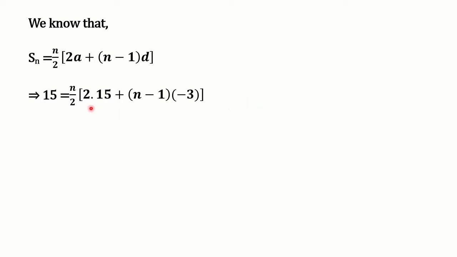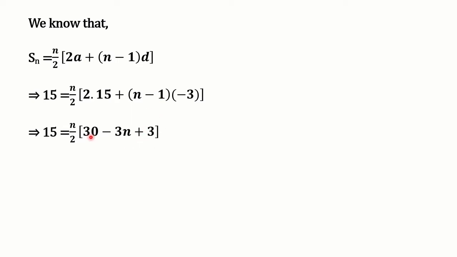After this, within the bracket, 2 into 15 can be done, which is equal to 30. And this minus 3 will multiply both these terms. Minus 3 when multiplied by n, we get minus 3n. Minus 3 when multiplied by minus 1, we get plus 3.